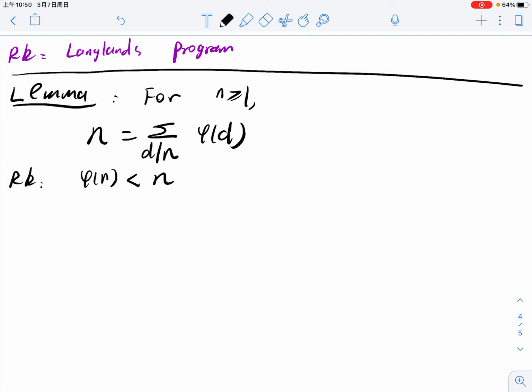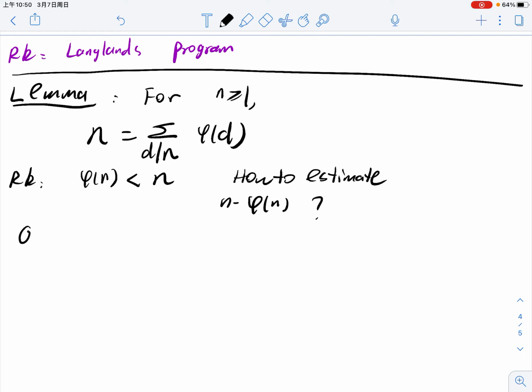So how to estimate n minus phi n? Firstly, if you don't have the identity, you might guess that this is bounded by some other numbers, for example, any factors.